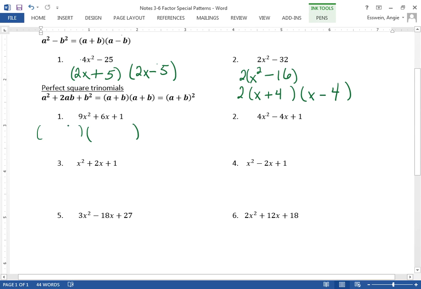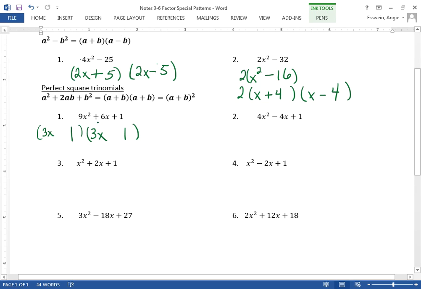So square root of 9x squared is? 3x and 3x. And look at the last term, the square root of 1 is 1 and 1. Now, the sign here for a perfect square trinomial has to be the same. Whatever they are, it has to be the same, and the inner and the outer have to add to positive.